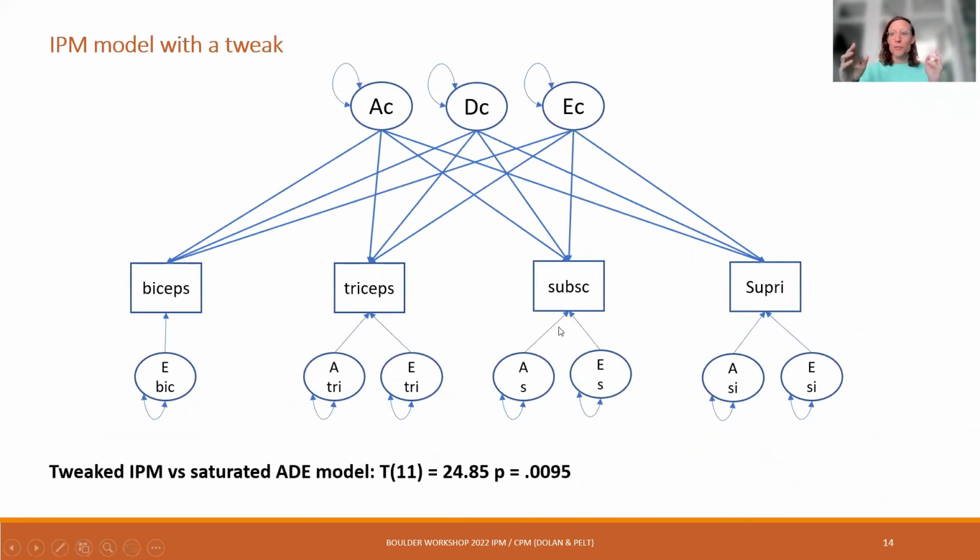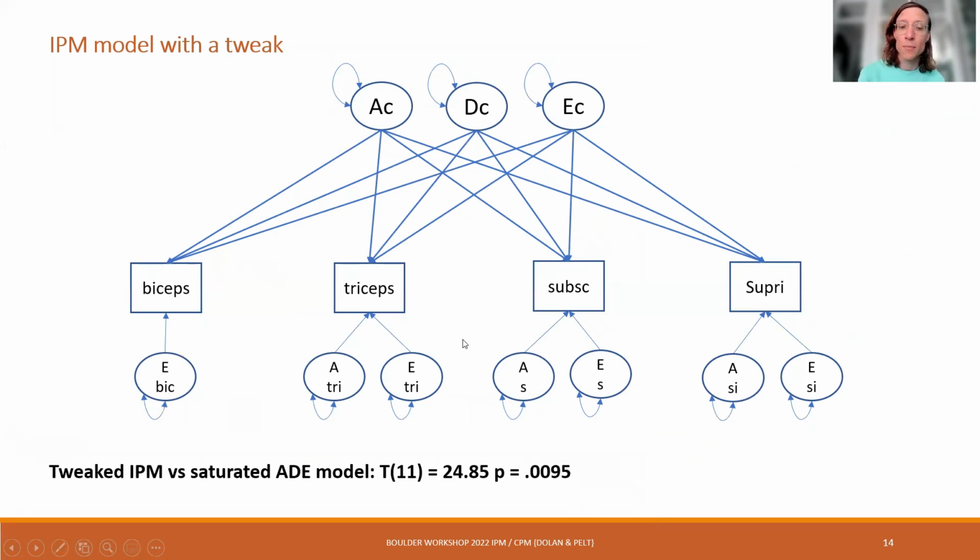After all this model fitting, it can become quite confusing. What does the final model look like? Well, this is actually it. This is our independent pathway model with a tweak, our final, most optimal model, showing that there are common additive, non-additive, and non-shared environmental effects on all phenotypes at the top right.